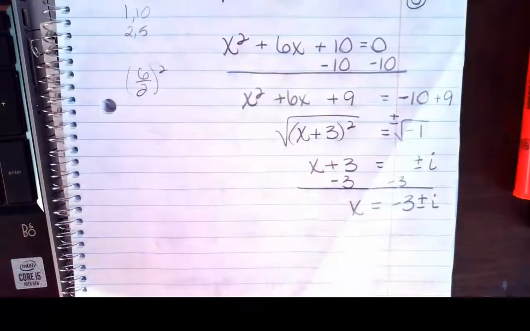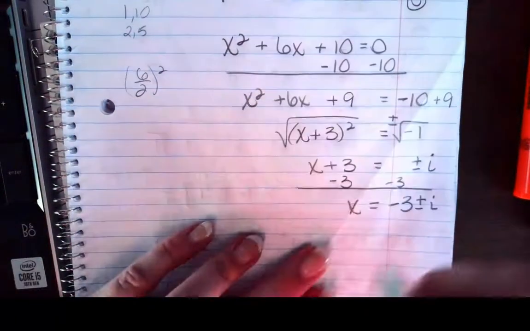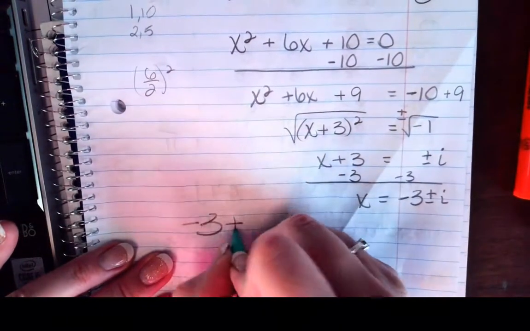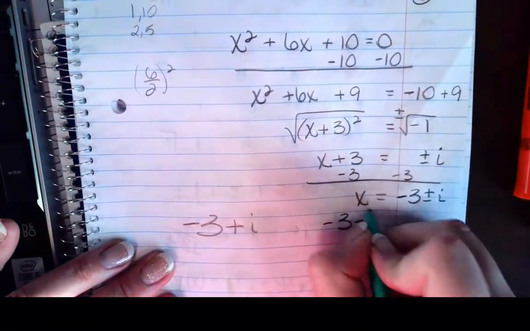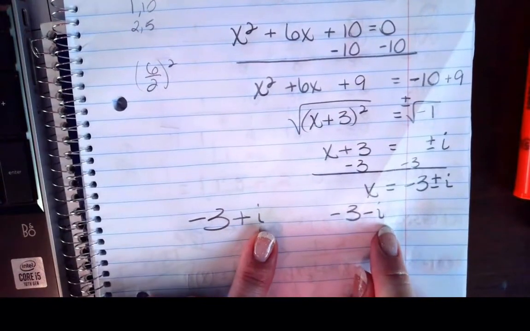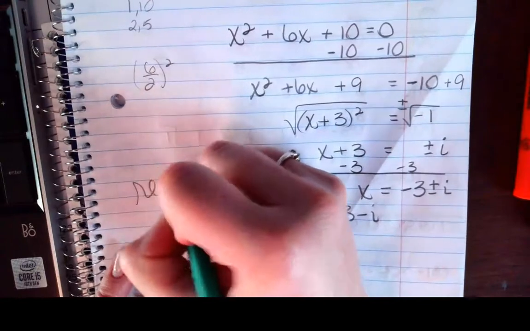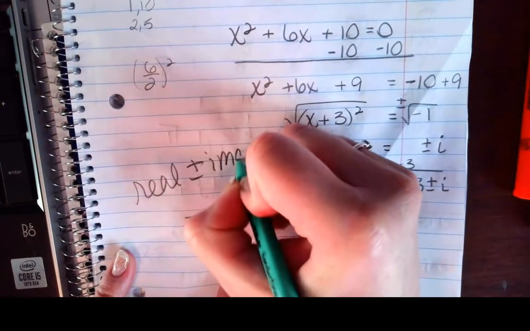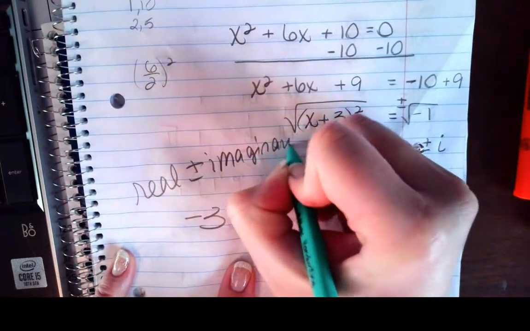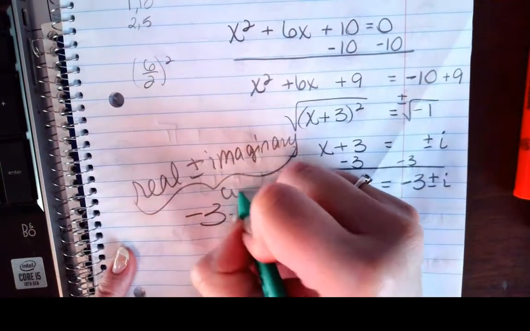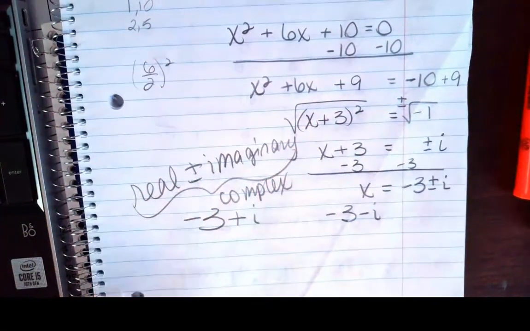So let's come back here just to do a quick refresh on complex numbers. Negative 3 plus i, negative 3 minus i. i is imaginary. Negative 3 is real. So I have a real plus or minus an imaginary, and that makes for a very complex situation.